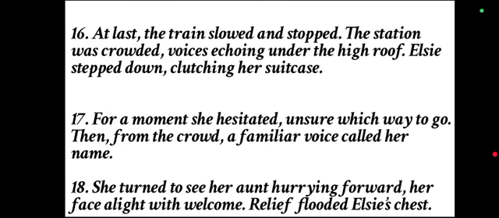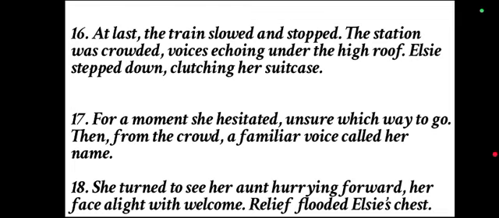At last, the train slowed and stopped. The station was crowded, voices echoing under the high roof. Elsie stepped down, clutching her suitcase. For a moment, she hesitated, unsure which way to go. Then, from the crowd, a familiar voice called her name. She turned to see her aunt hurrying forward, her face alight with welcome.